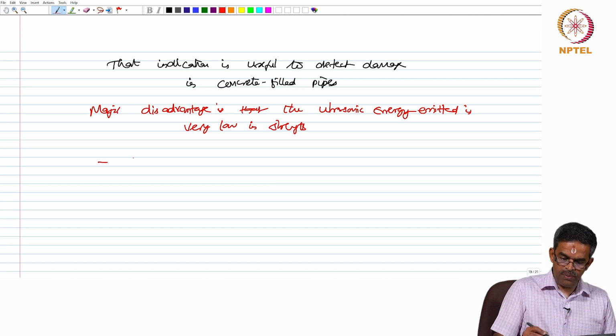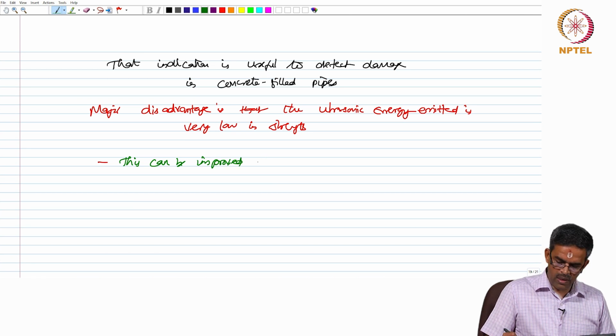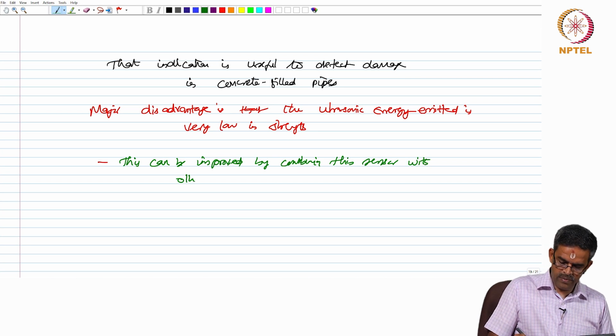Of course, this can be improved by combining this sensor with other piezoelectric sensors.